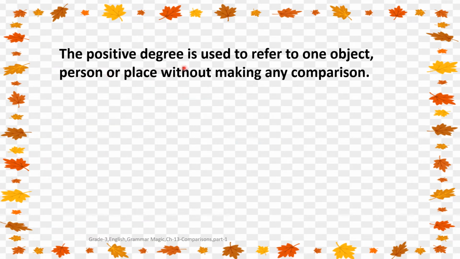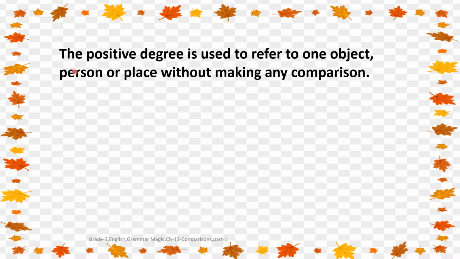The positive degree is used to refer to one object, person or place without making any comparison. So children, we have already studied about adjectives. So here we compare the words with adjectives. We change adjectives with 3 degrees: first is positive, second comparative and superlative.